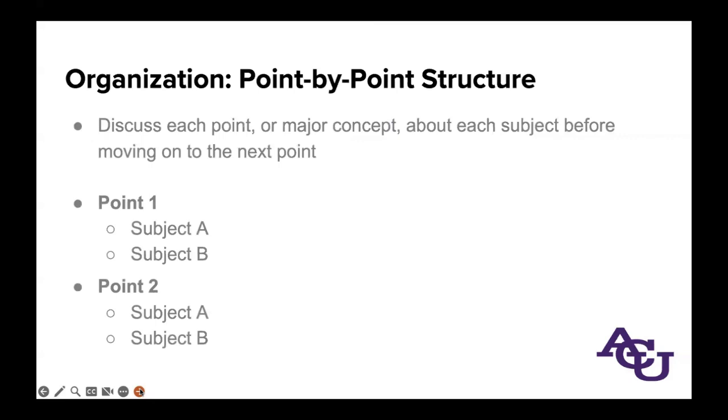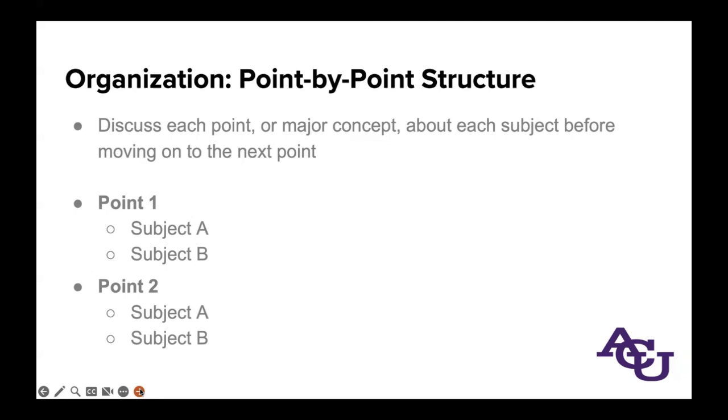So, the first way to organize a compare and contrast paper is through point by point structure. Now, when I say point by point structure, I'm talking really basic here. Okay, point by point structure is this.